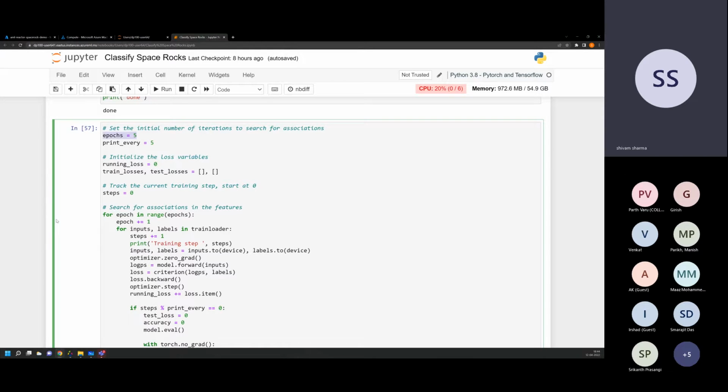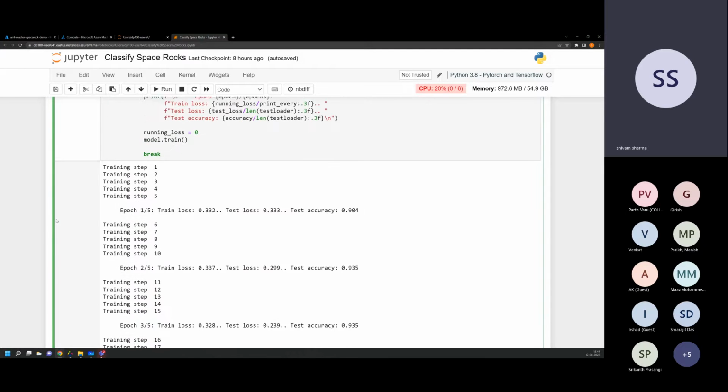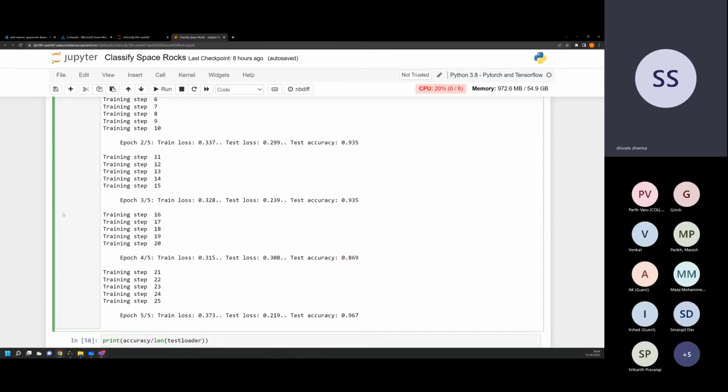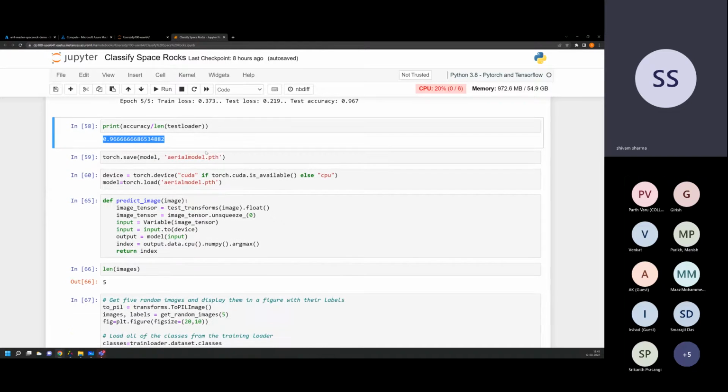We are starting with five epochs over there, and then we do the model training. So these are the epochs, and we're just printing it out after every 5 steps. And the accuracy which we are able to achieve on the rock data was 0.96. And we are saving the model over here for PyTorch, .pth or .pt.